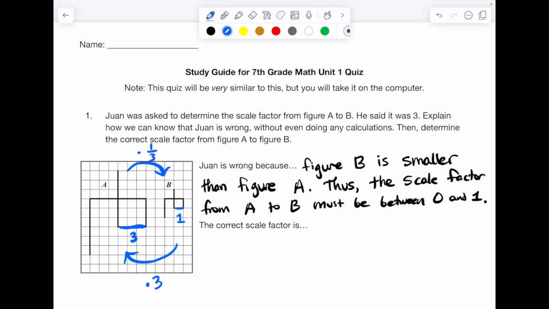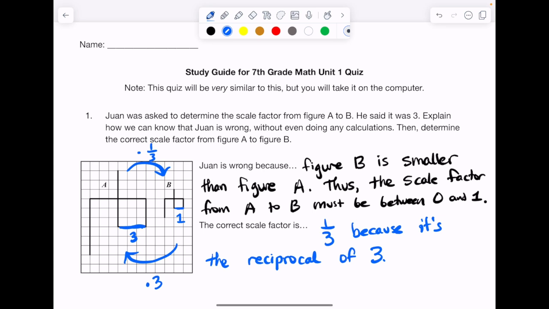Reciprocal is like, we think about it as the flip of a fraction, but it's the number that when multiplied by whatever it's the reciprocal of is going to multiply to give you 1. So 1/3 and 3 multiply together to give you 1. So the correct scale factor is 1/3 because, right, it's the reciprocal of 3. And we have 3 in that other direction.